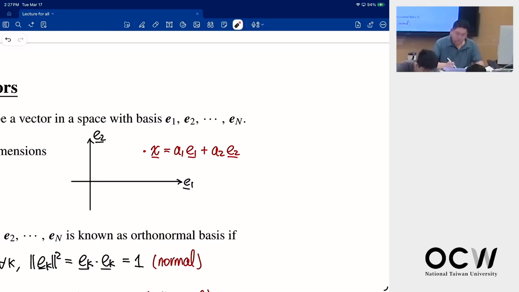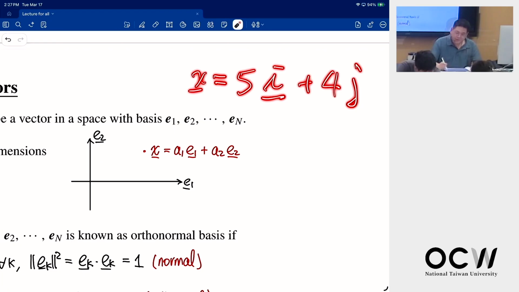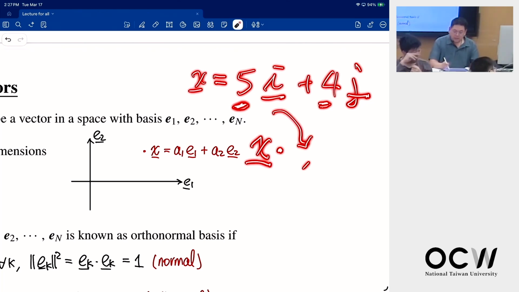Suppose x is 5i plus 4j. How can I get 5? How can I get 4? To get this coefficient 5, I take the vector x inner product with their basis, right?